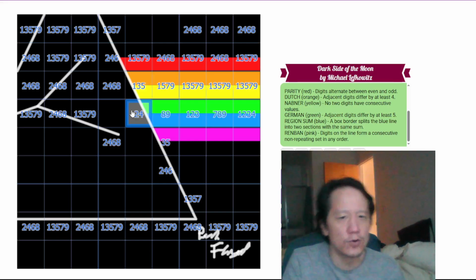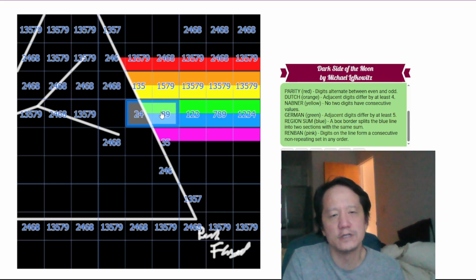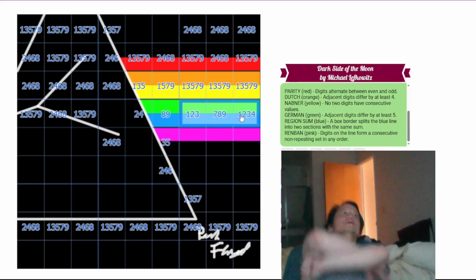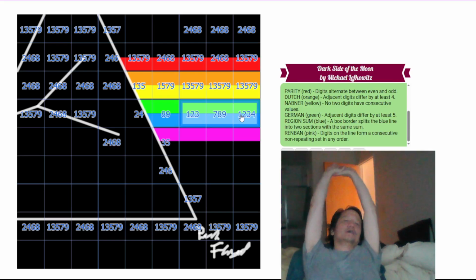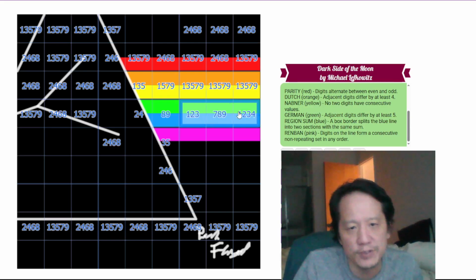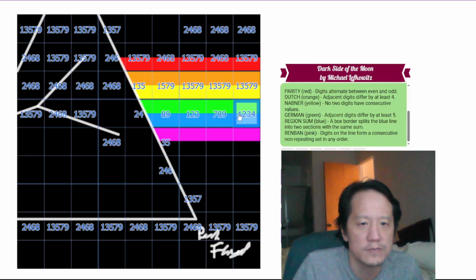If this is 4 and 9, that's a guarantee. That would be 13. How do you add up to 13 here? You can't have 1, 3, 9. 2, 3, 8 does add up to 13, so it would have to be 2, 3, 8 if that were the case.